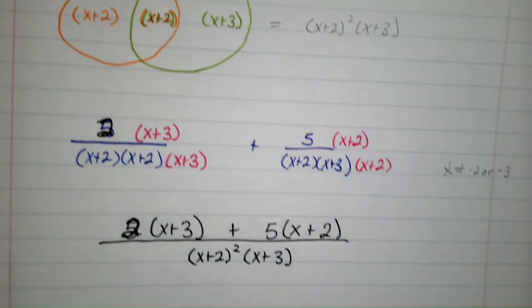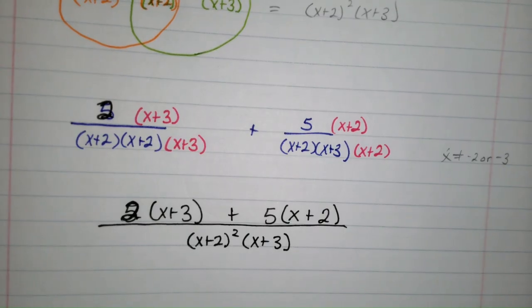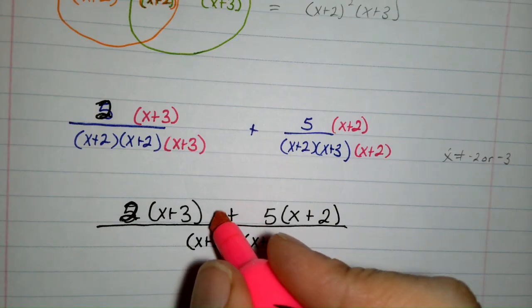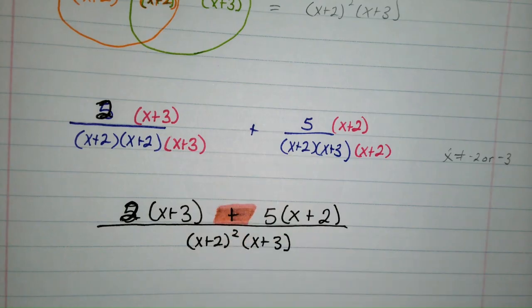So I can leave my denominator in that form because it is in a simplified factored form. However, I cannot leave my numerator in this form because it is not in a simplified factored form. And you might be saying, but there's parentheses. This plus sign right here separating them says, hey, you are not in a simplified factored form. So we still have to do some work to our numerator. Our denominator is great. We can stop there. But our numerator is not.